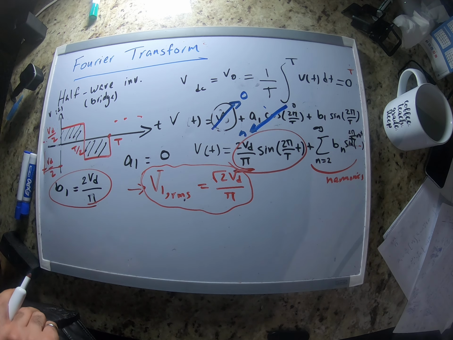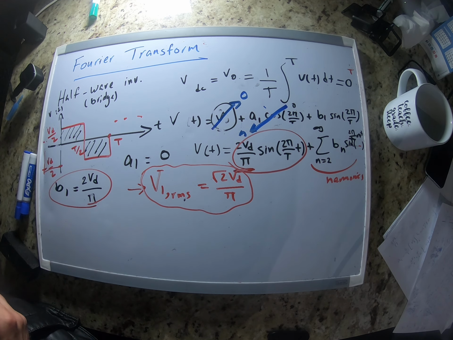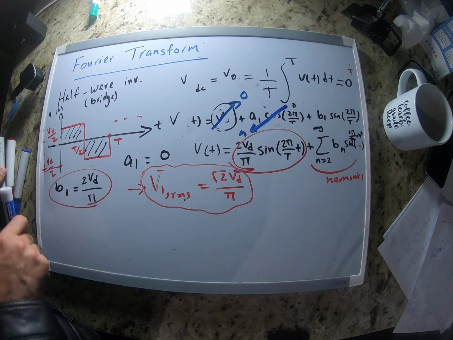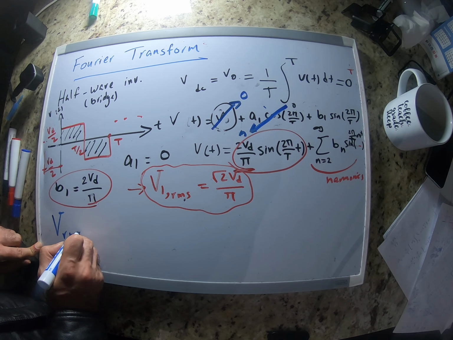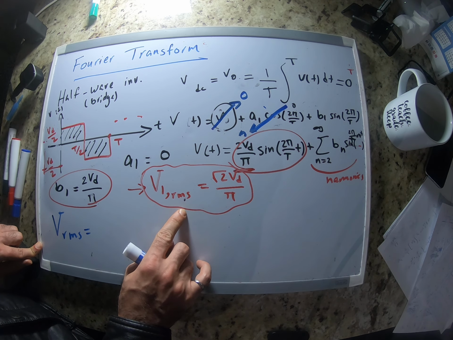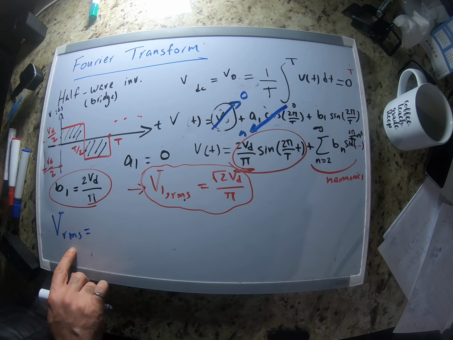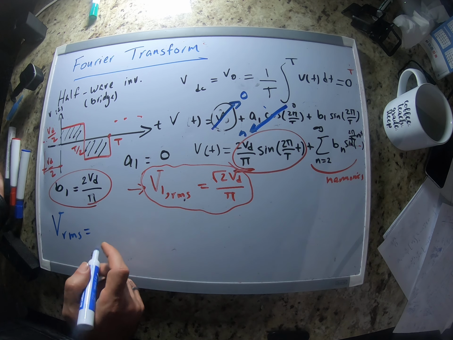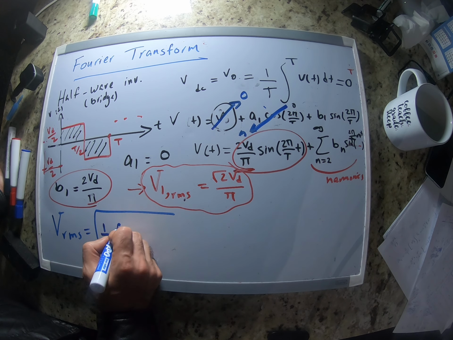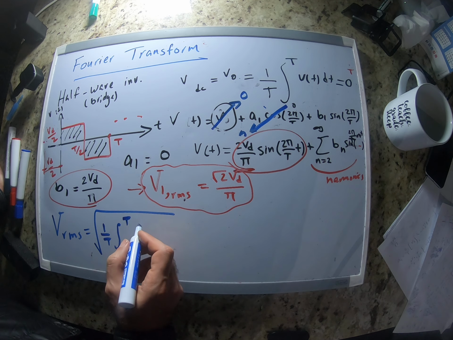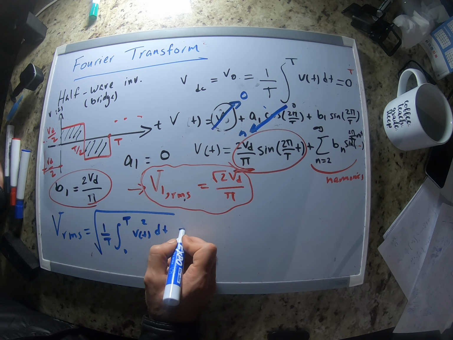Now, let's see what's the total RMS value of this signal. So what I'm going to do is find the total RMS value of the signal. This was the RMS value of the fundamental frequency inside the signal. Now I want to find the RMS value of the whole signal. I'm just going to use the definition: 1 over T integral from 0 to T of v(t) squared dt.